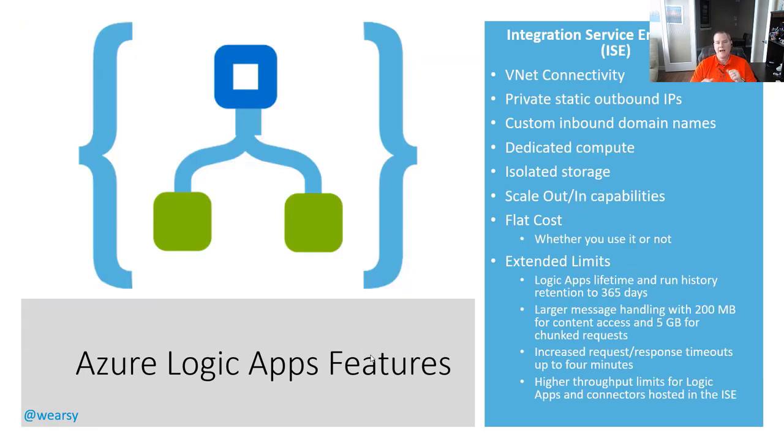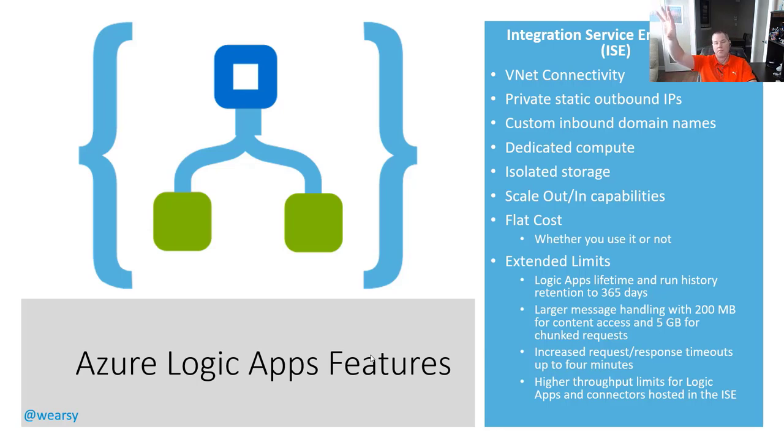Now, switching gears back to Integration Service Environment, the capacity-based model for Azure Logic Apps. There's some interesting features here, and some of these I'd love to see in Power Automate, but they are exclusive to Azure Logic Apps. So number one would be VNet connectivity. You might have your own instance of the cloud.